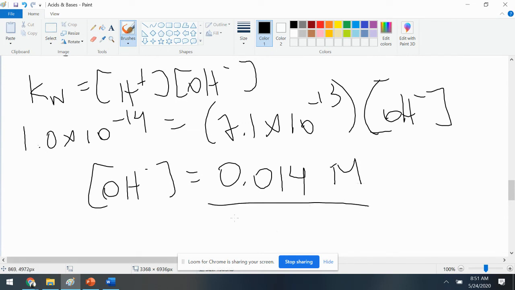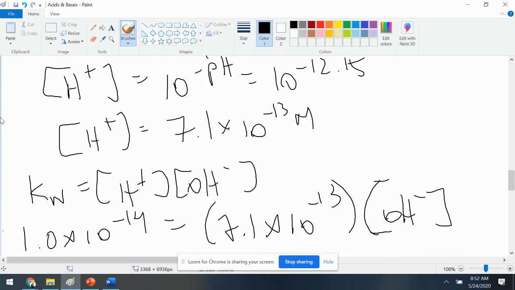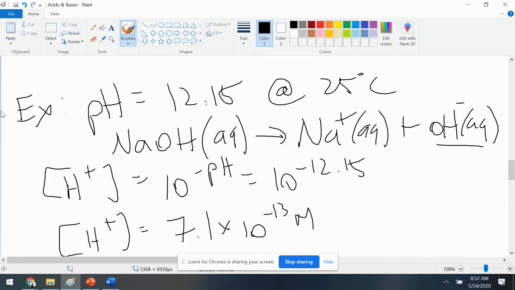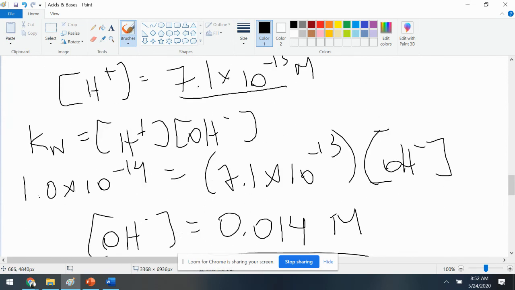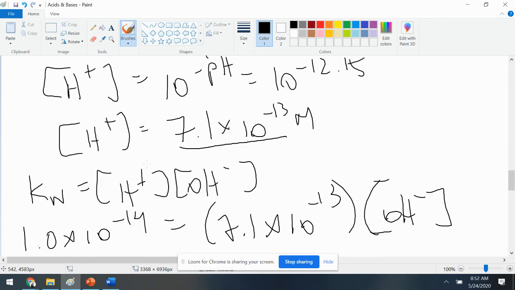There you go. The OH concentration for this is 0.014 molar. In this solution, you're going to have some hydronium or hydrogen ions present as well, which is 7.1 times 10 to the negative 13. Since it is a base, you're going to have more hydroxide. Notice the 0.014 is greater than 7.1 times 10 to the negative 13.